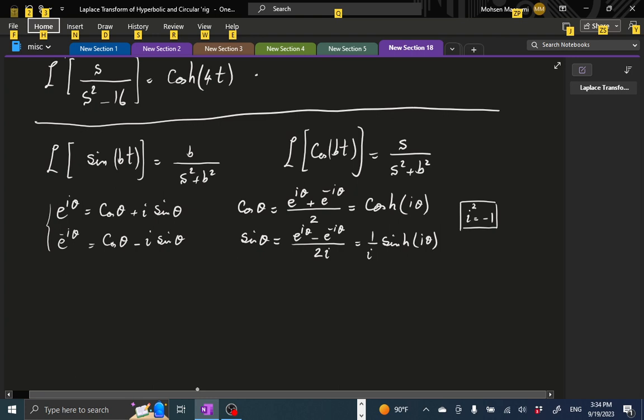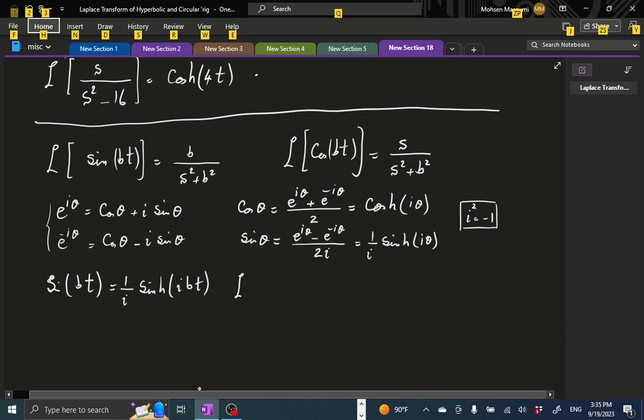Now, the question was, what is Laplace transform of sine of bt? Okay, so let's go ahead and write what is sine of bt anyway. Sine of bt, suppose I want to write it in our new notation. That's going to be 1 over i of sine hyperbolic of, instead of bt here, it will be ibt here.